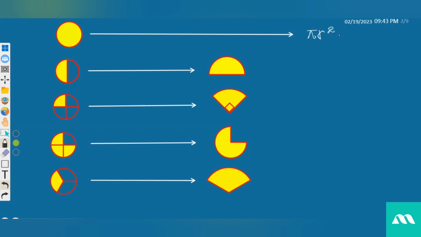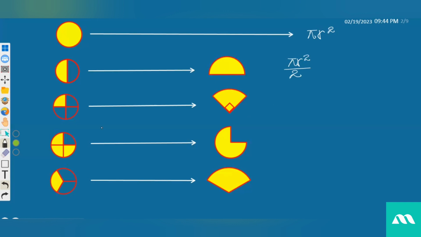If we divide into two equal parts, we divide this by 2. Half of a circle is called a semicircle, and for a semicircle we can use this equation.